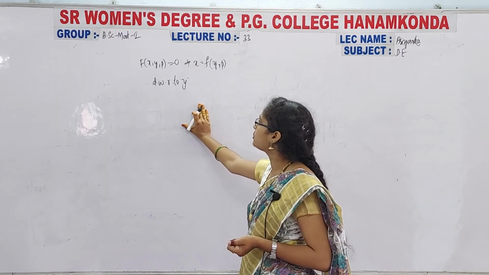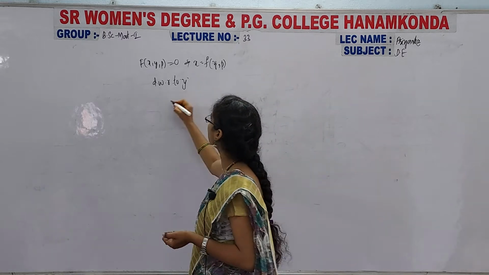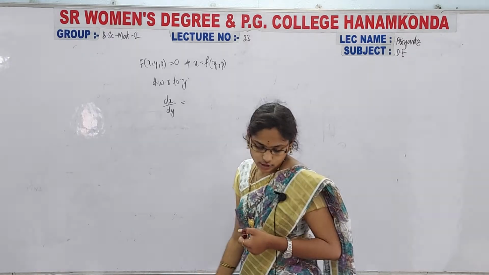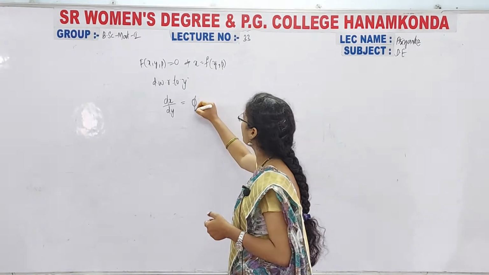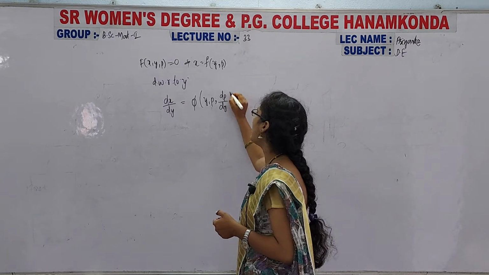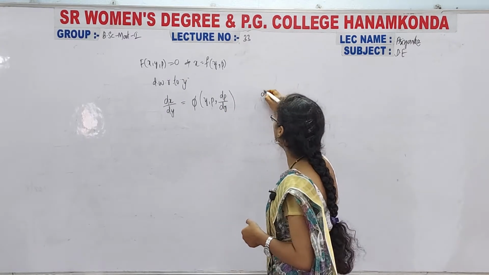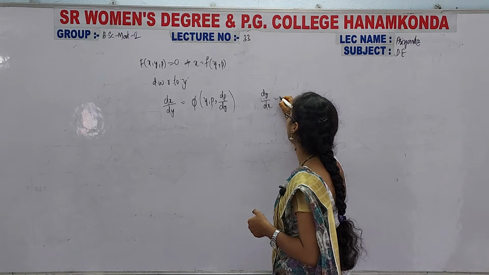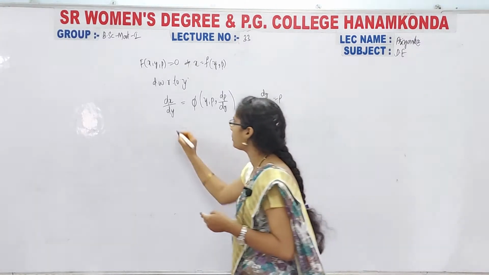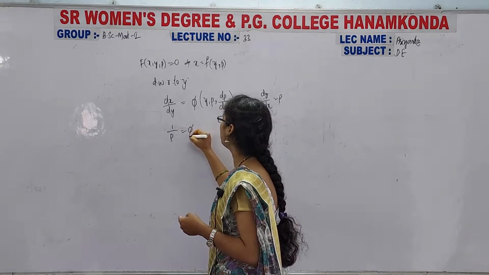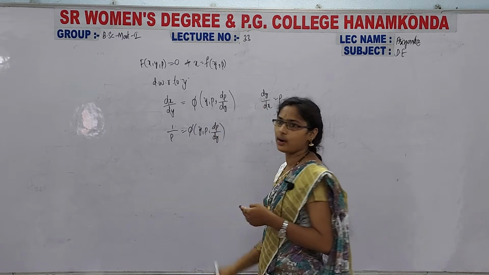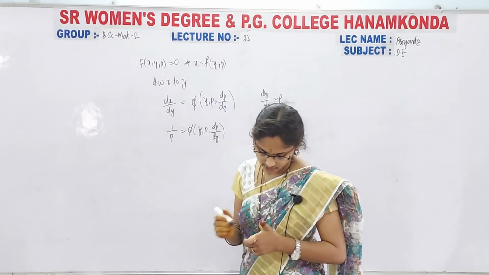We get dx by dy equal to some phi of y comma p comma dp by dy. We know dy by dx is equal to p, so reversing, dx by dy is 1 by p. So 1 by p is equal to phi of y comma p comma dp by dy.